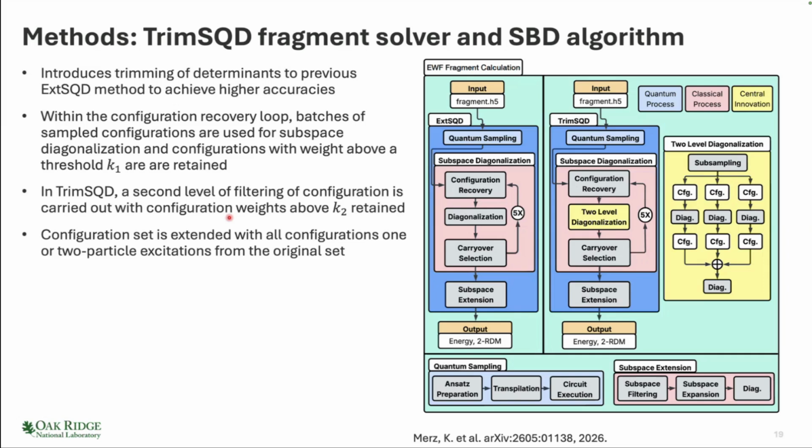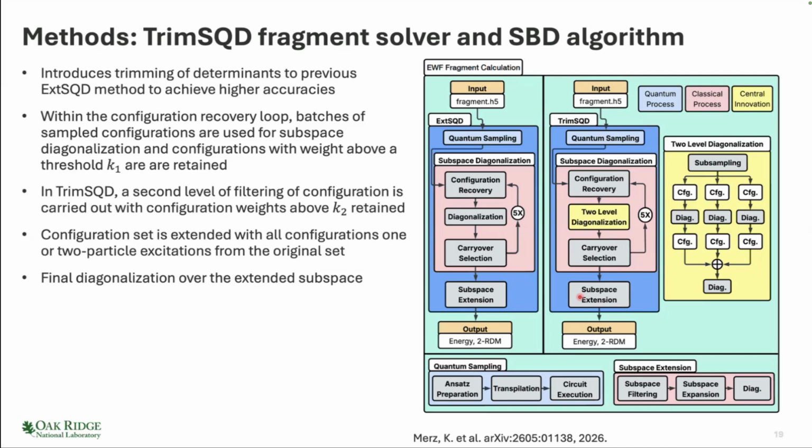And the configuration set, instead of being extended with just single excitations as it was in this extended SQD, is now extended with all configurations that are 1 and 2 particle excitations, so singles and doubles excitations away from the original set in this subspace extension.